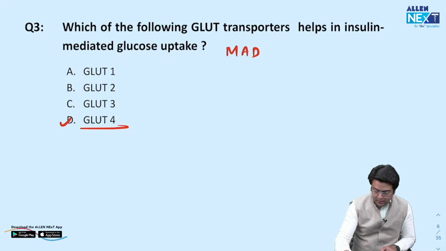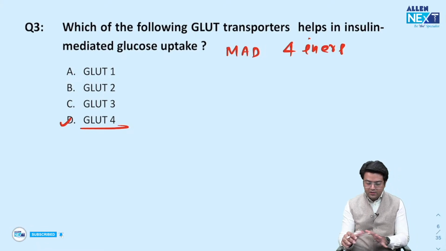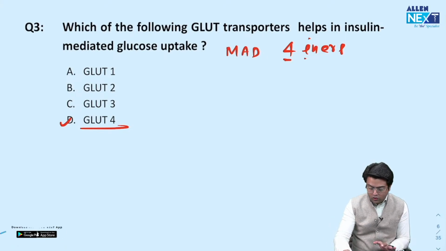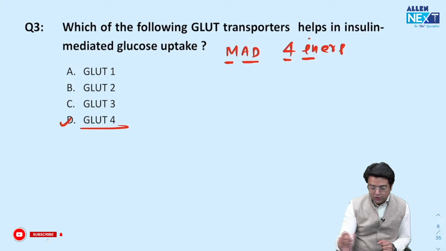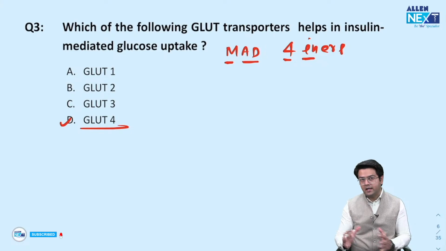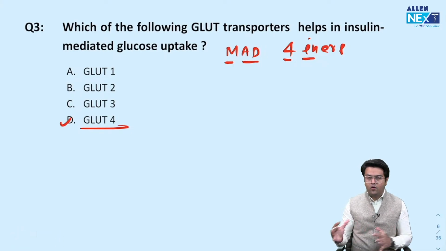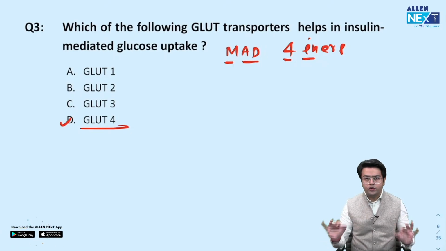MAD foreigners, okay, what I'm writing is foreigners actually. So 4 is insulin dependent and MAD is muscle including heart and adipose tissue. Muscles and adipose tissue. So MAD foreigners. So GLUT4, most important one.